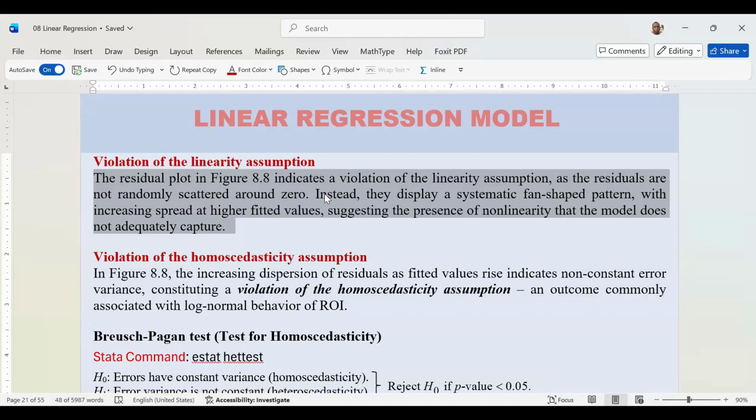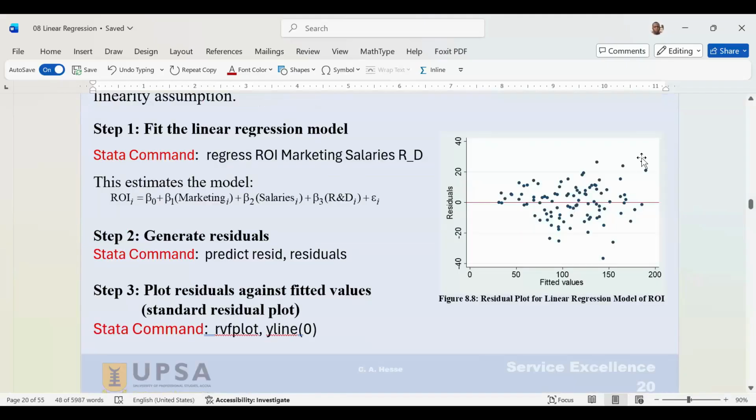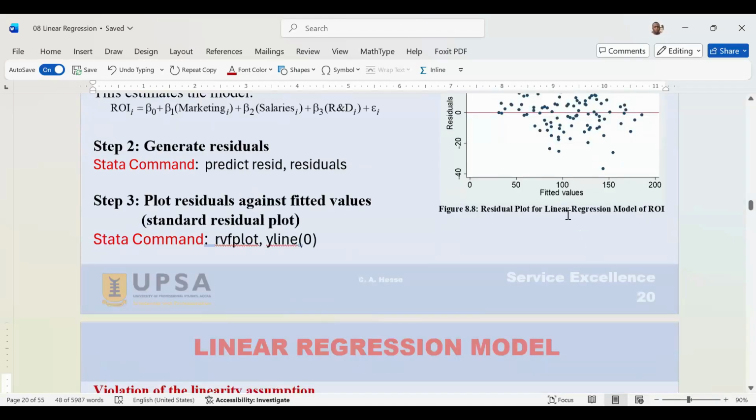Instead, they display a systematic fan-shaped pattern with increasing spread at higher fitted values, suggesting the presence of non-linearity that the model does not adequately capture. Okay, so you can see it disperses when you get to higher fitted values. So it means the linearity assumption for the model is violated.